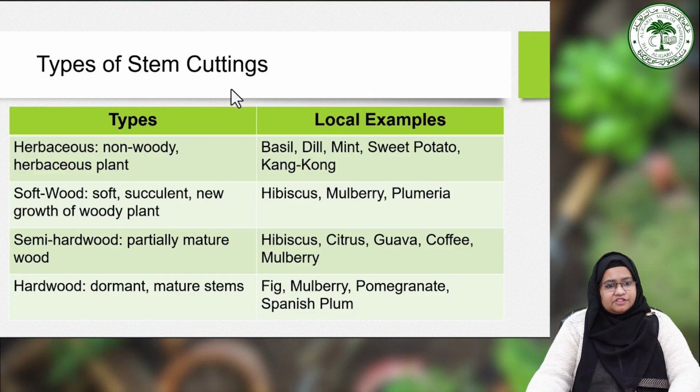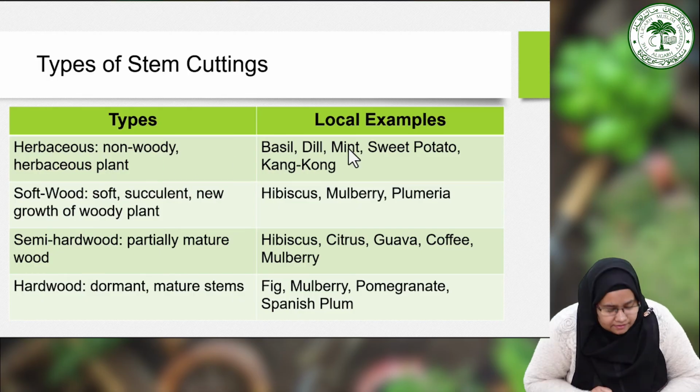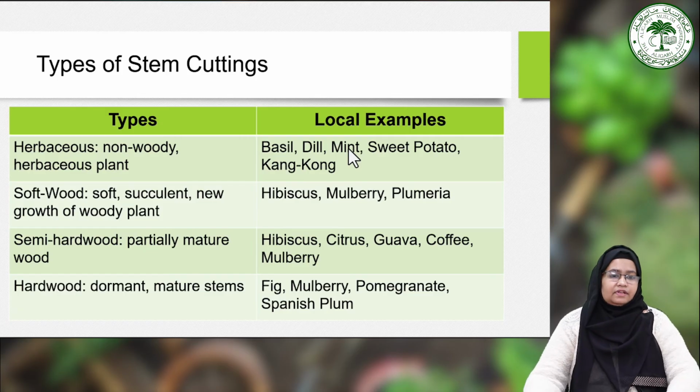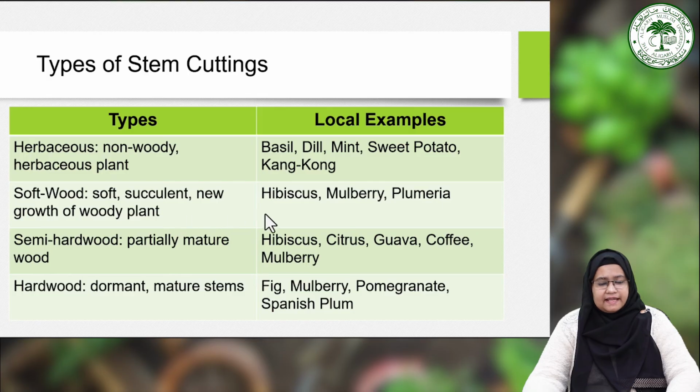Depending upon the types of stem cutting, there are different plants. Herbaceous and non-woody herbaceous plants like basil, dill, mint, sweet potato and kangkong are examples for stem cuttings. For softwood, soft succulent new growth of woody plants like hibiscus, mulberry, plumeria can be used. Semi-hardwood, the partially mature wood, can be taken for hibiscus, citrus, guava, coffee and mulberry.